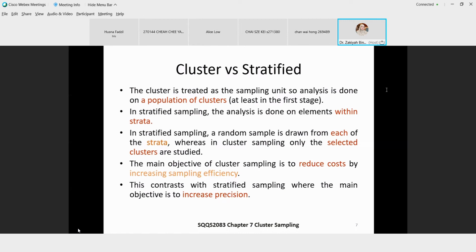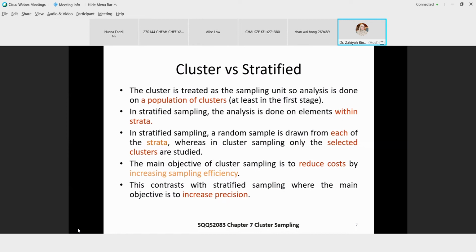So as I emphasize here, remember for stratified, each stratum is very different from one another. Remember, cancer stage 1, 2, 3, 4, or COVID-19 by the variant, very different.